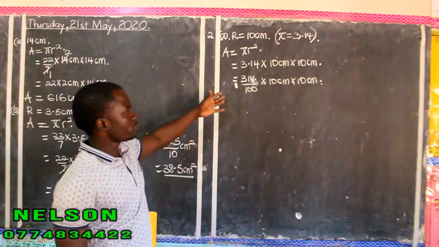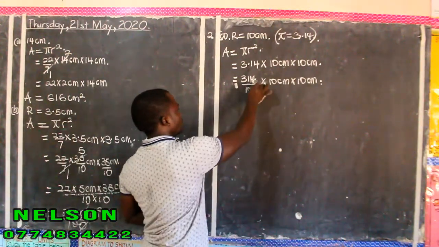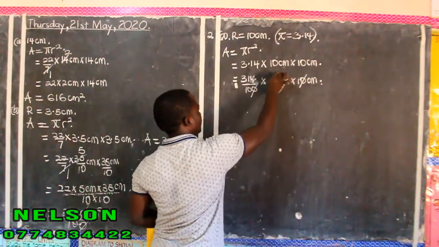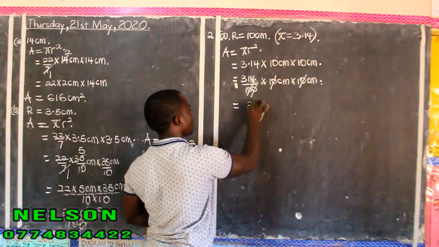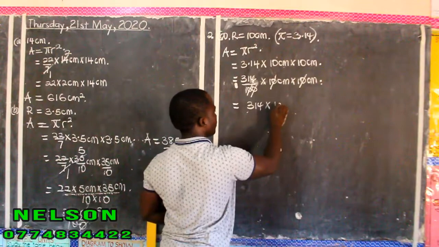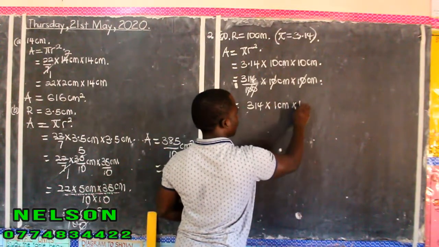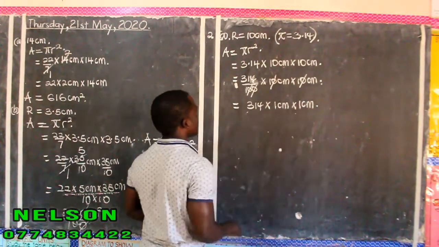Let me hope this is what you did. So this 0 will go with this one here, and here we shall remain with 314 times 1 centimeter times 1 centimeter.